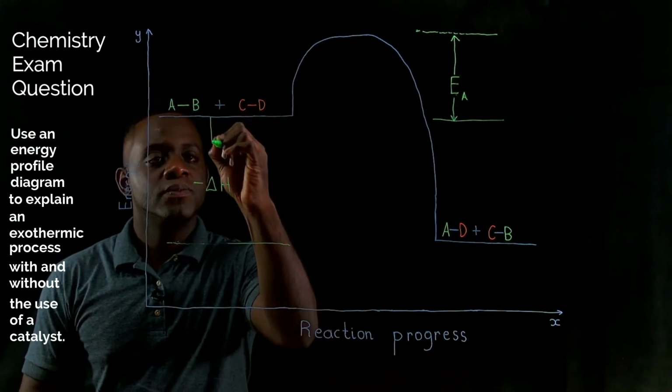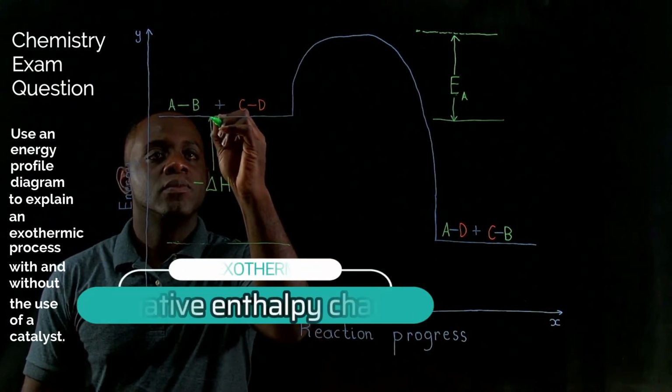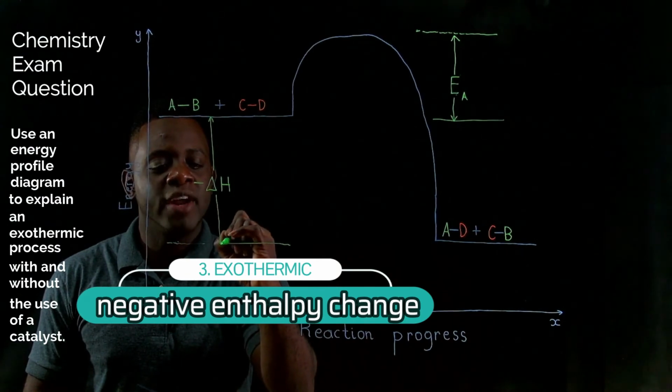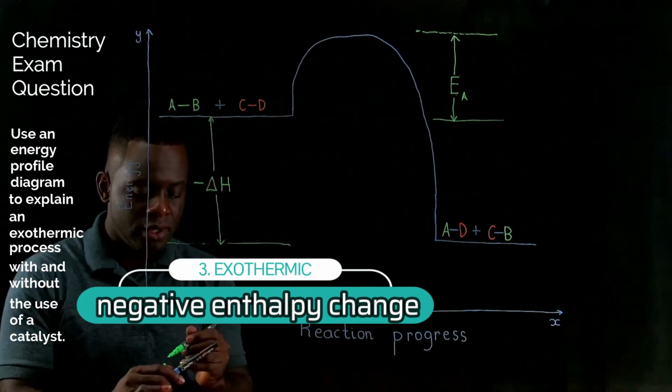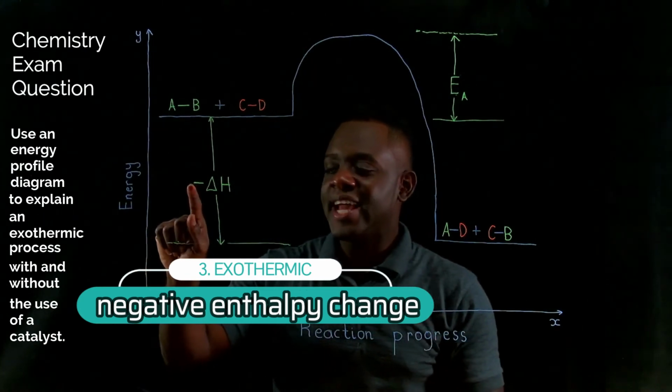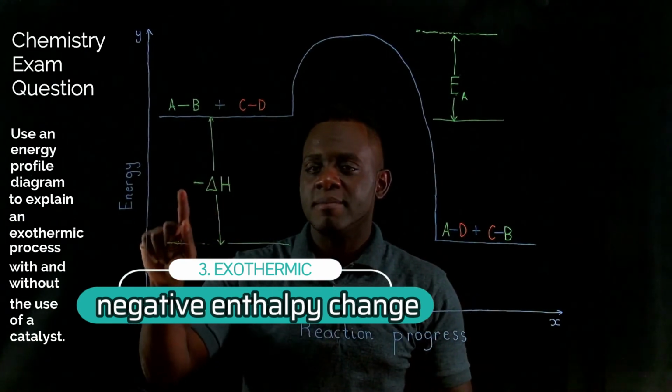So, this is the third indication that we are drawing an energy profile diagram for an exothermic reaction, and that is the negative delta H symbol.